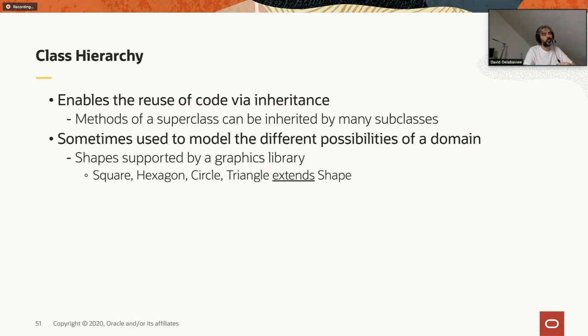So we would have a shape class or interface, and then we have subclasses that would extend that shape class, like a square extends the shape, a hexagon extends the shape, and so on. Or we can have a class that represents the types of vehicles that we sell, and then we would have, I don't know, an SUV, a coupe, a sedan, and so on, that extend that superclass.